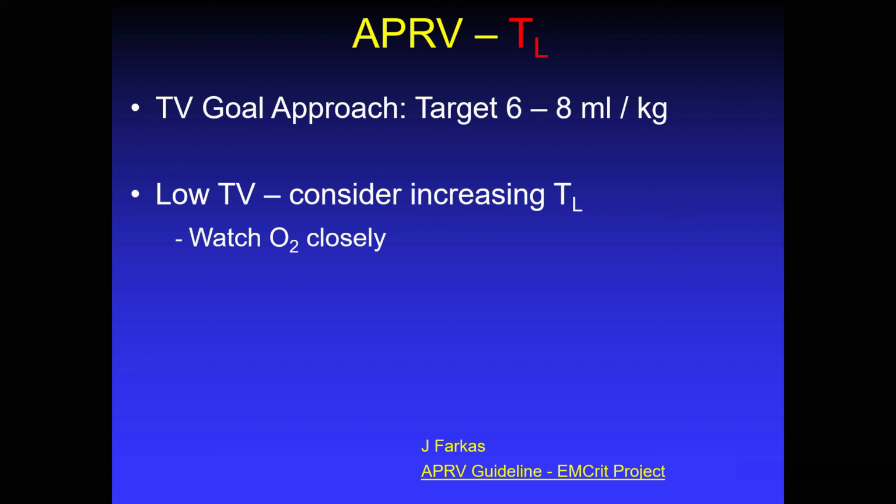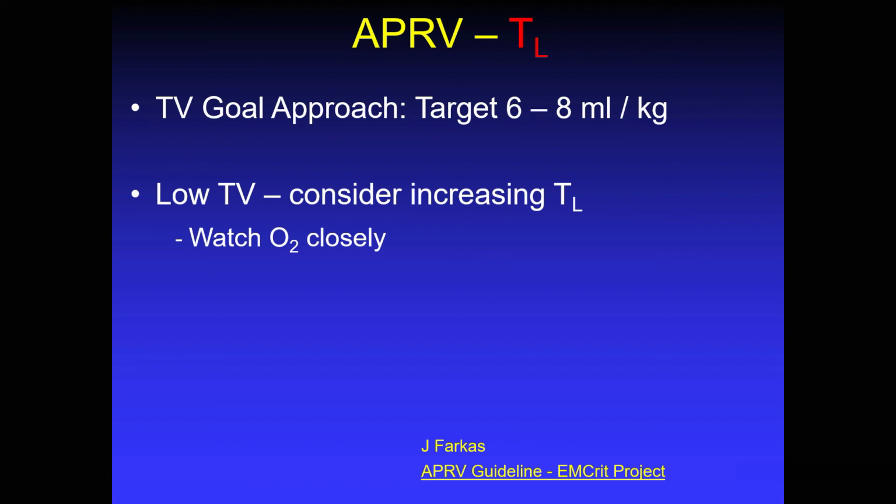You can also, and Dr. Farkas, who's a medical intensivist and pulmonologist at the University of Vermont, he has a critical care website called PulmCrit, which has some pretty good information on it. But one thing Dr. Farkas points out is, set your T-low, estimate it, and then just see what your release volumes look like.